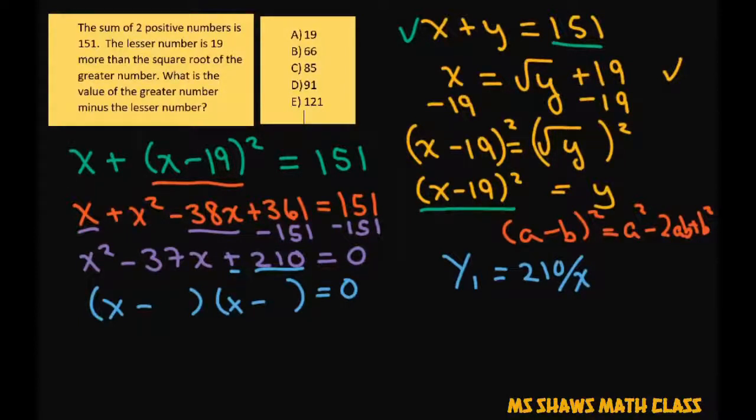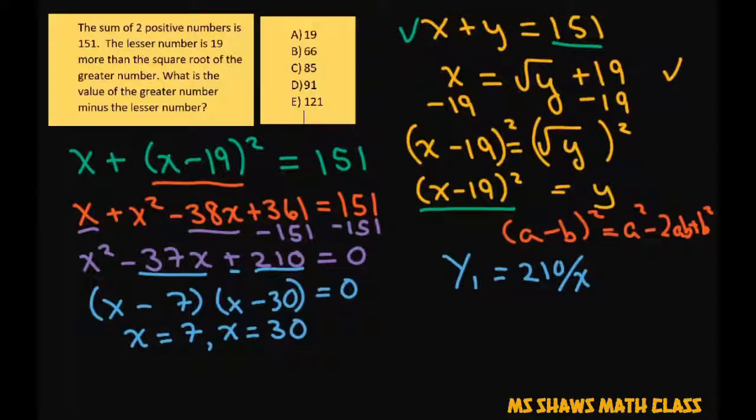And I found two numbers that multiply to 210 and add up to negative 37. It's going to be 7 and 30. So when you multiply negative 7 times negative 30, you get 210. But when you combine them, you get negative 37. So solving for this, you get x equals 7 and x equals 30.